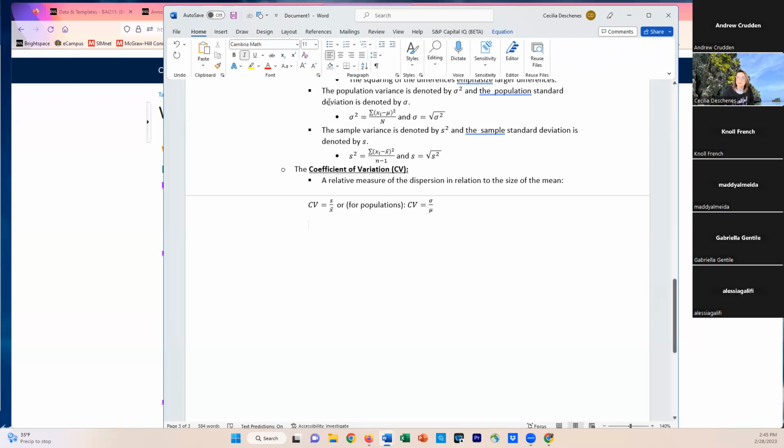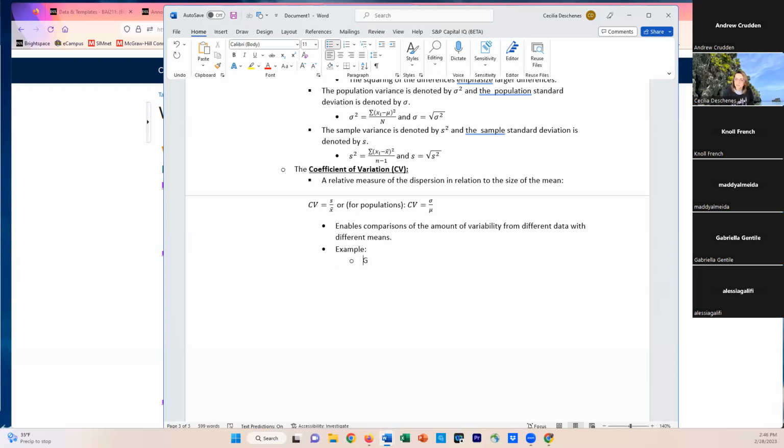Now, the reason why this ends up being important to us is it's going to enable comparisons of the amount of variability from different data with different means. So let me give you an example about that one.